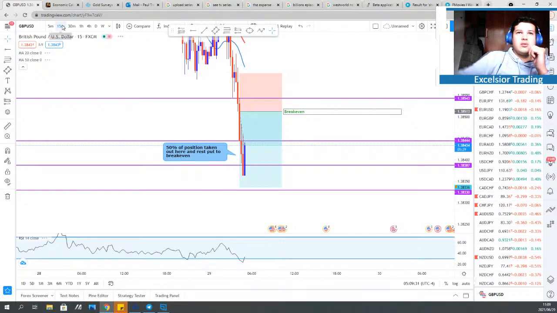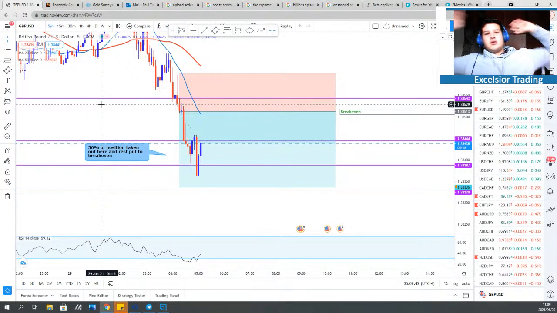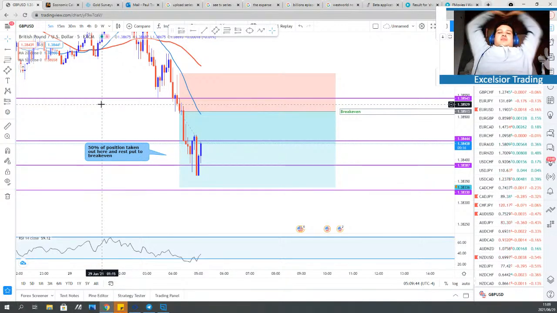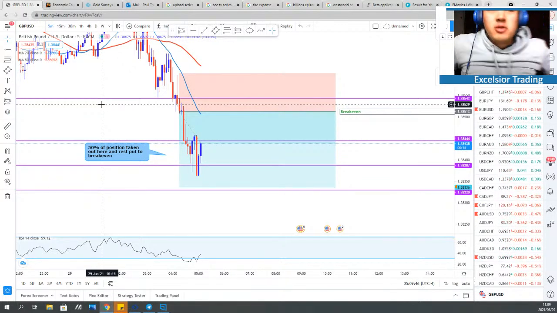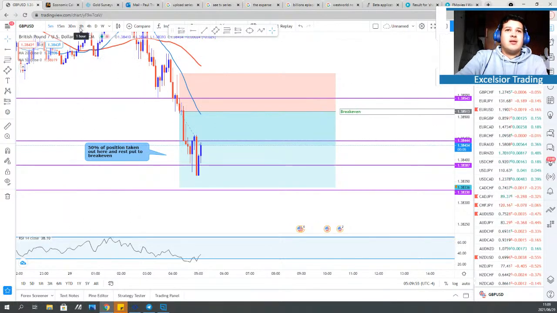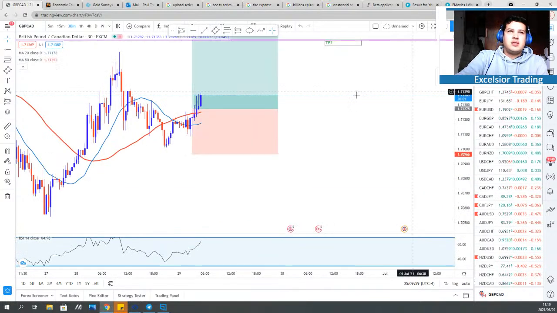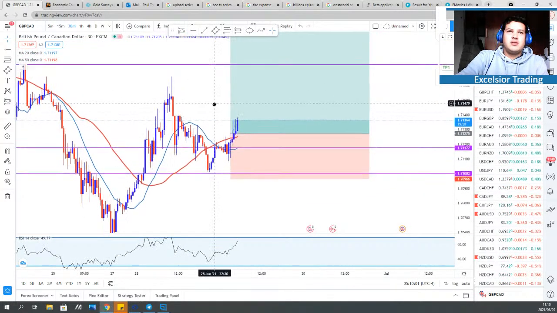Come on. Well, it looks like it might just be filling that in. Oh, this is so frustrating. Having price that close to your TP and then it just decides to hit your break even. Oh man, that's trading, man. GBP CAD, yeah, still doing its thing.